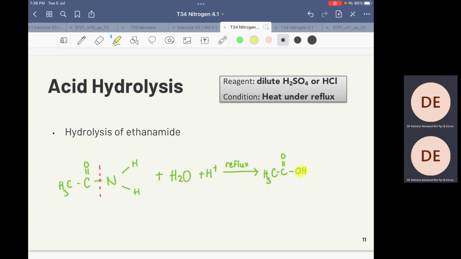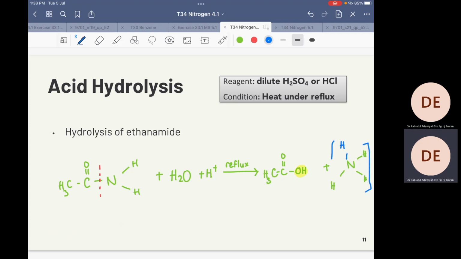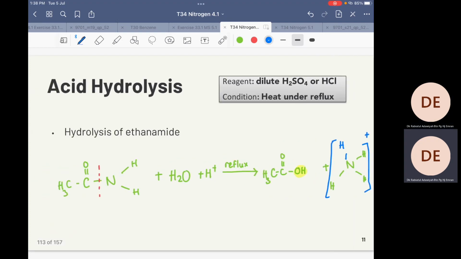So I will highlight that, plus NH3 with H plus. Okay, so it's NH4 plus ammonium ion.